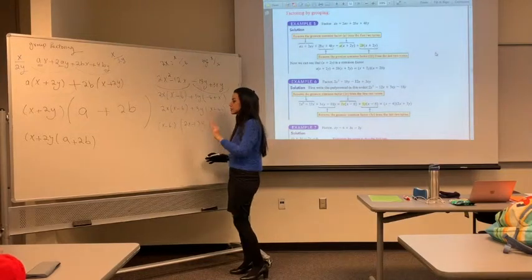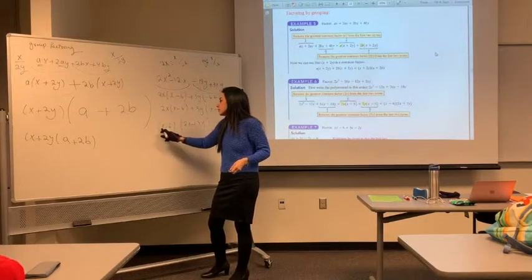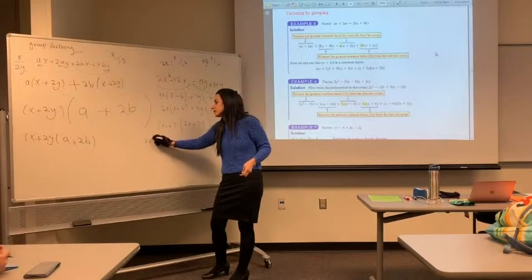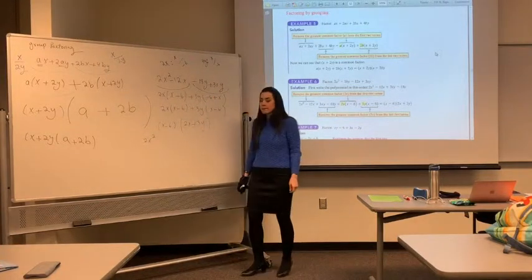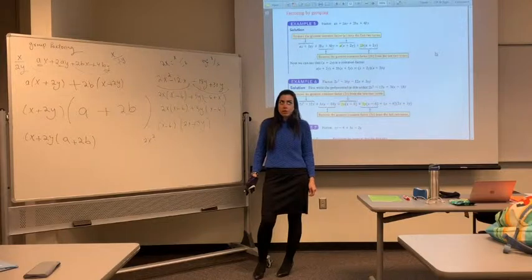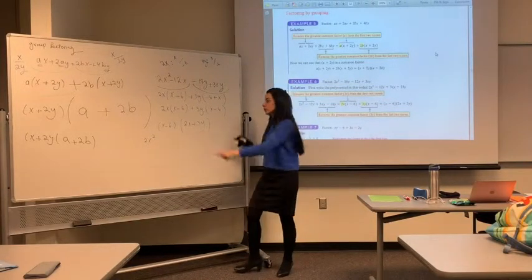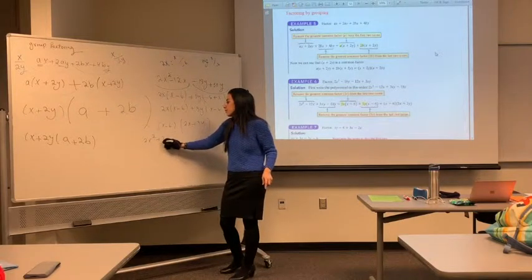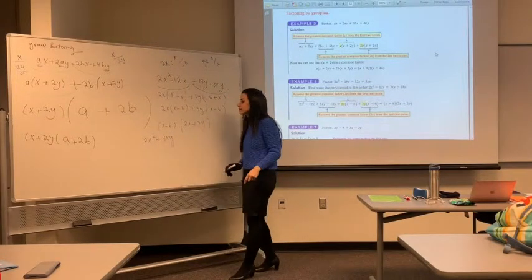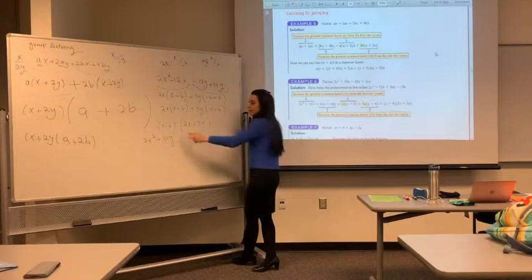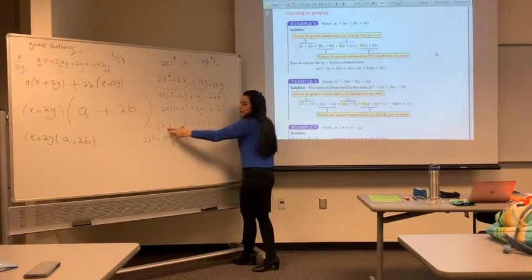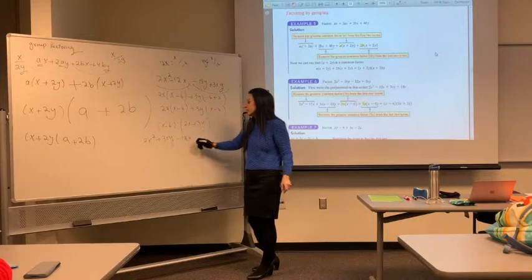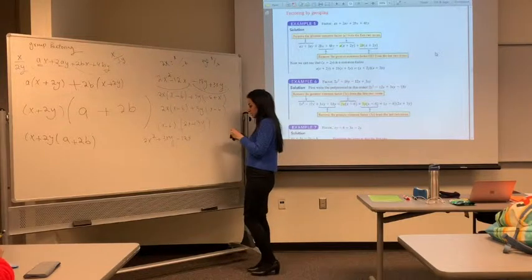So let's multiply them. X multiplied by 2x gives us 2x squared, right? First, outer: x multiplied by 3y is 3xy, right? And then negative 6 multiplied by 2x is minus 12x. And then what remains?